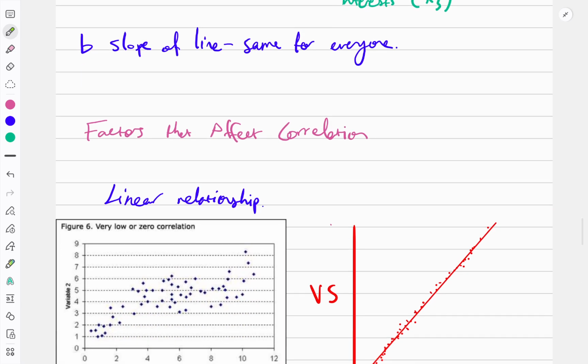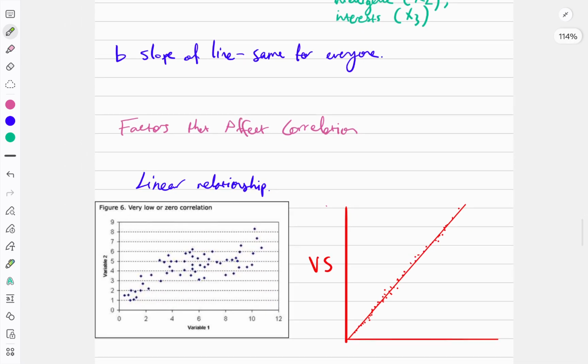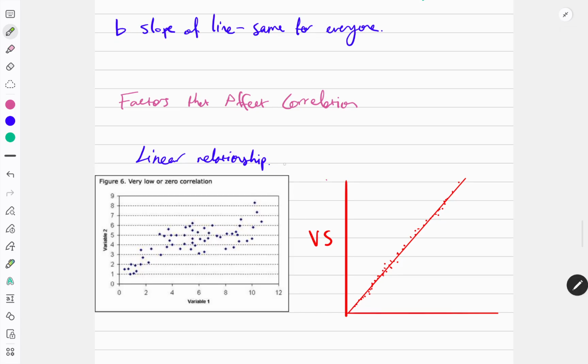Factors that affect correlation are, first off, linear regression. When we say linear regression, what we mean is this. What we see is that linearly the data is increasing, and there is some sort of linear relationship between different factors, like variables.